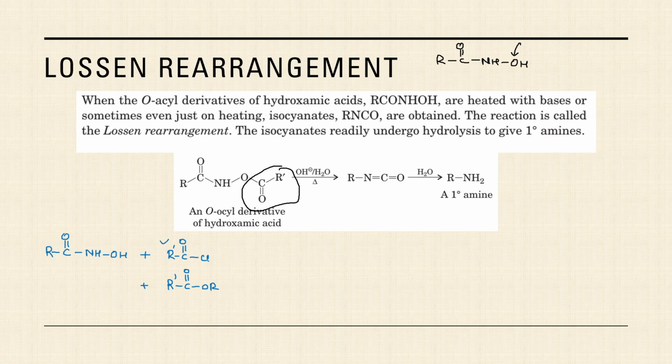This will be a preferred reagent because Cl is a good leaving group. इन दोनों केस में एक substitution reaction होता है, ये यहाँ पे अटैक करेगा, this will go out. Same happens over here, and you will be getting RC double bond O NHO C double bond O R'.